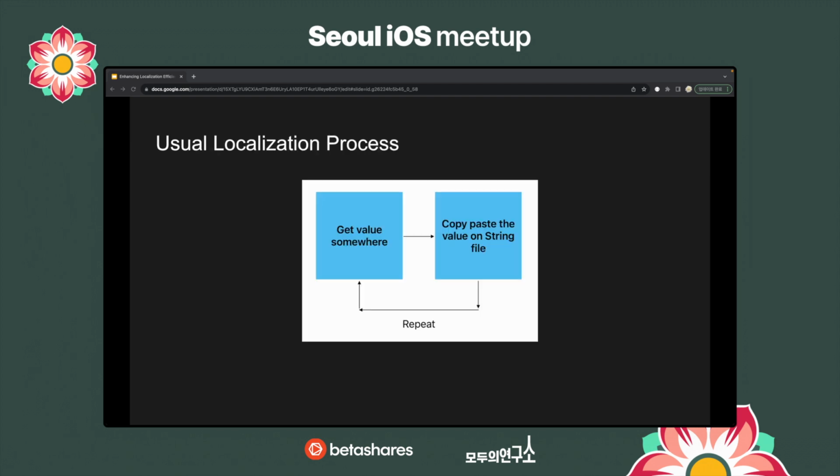Okay, let's explore the localization process commonly practiced by most teams. When I asked my colleagues, they all follow a process similar to this diagram I'm showing you right now. Developers declare keys and values directly in the strings file and use these keys wherever localization is required.